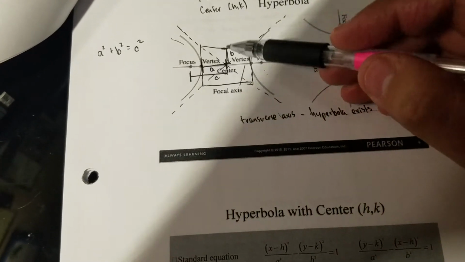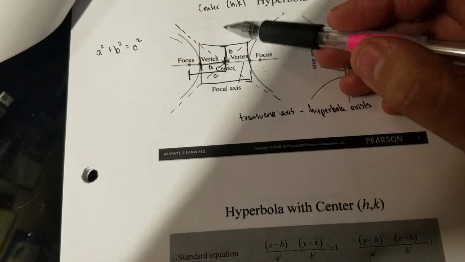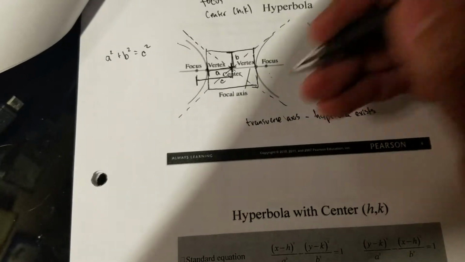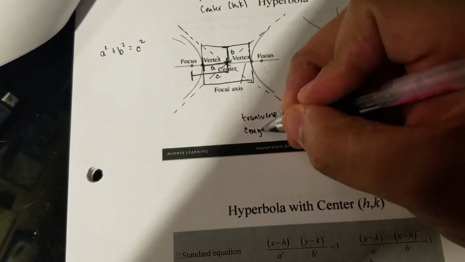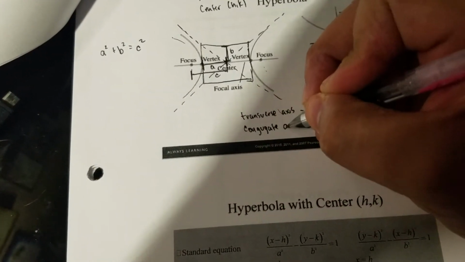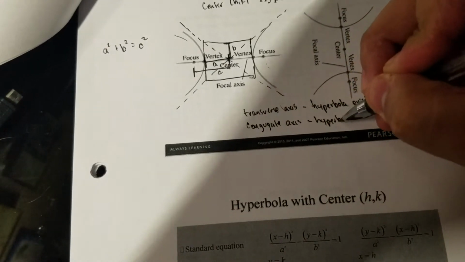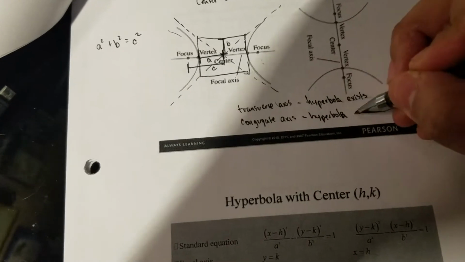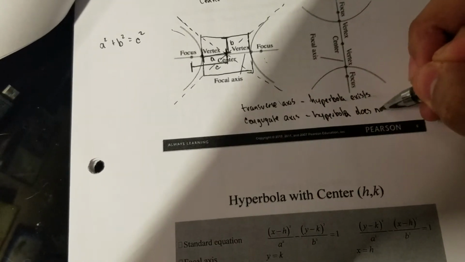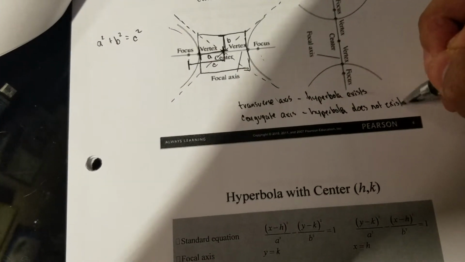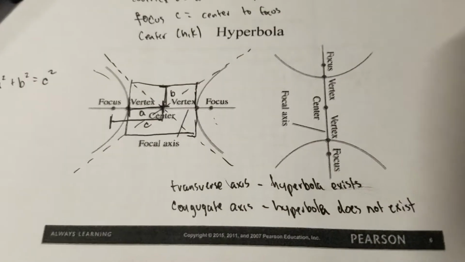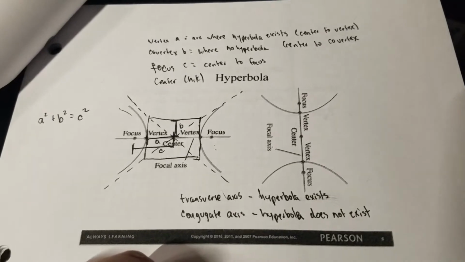This one right here, going through the center the other way, is going to be the conjugate axis. This is important, guys: A and B is no longer going to be the biggest side.